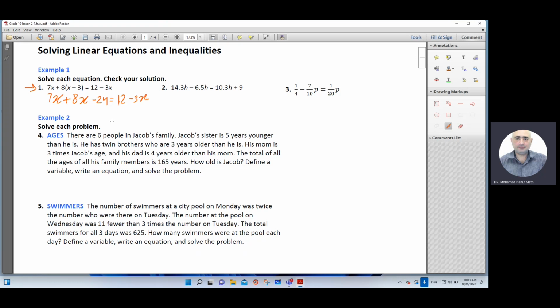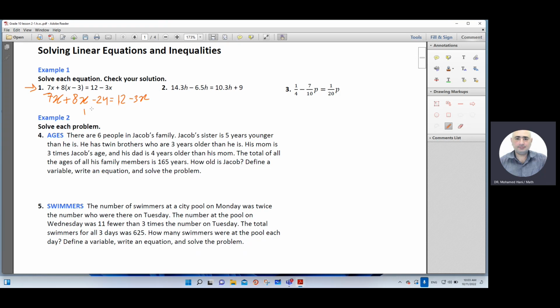Then add the like terms. The second step, add the like terms. You have 7x and 8x.